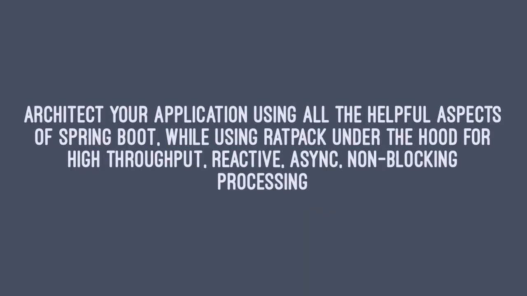Yeah. So as you continue, you already know Spring Boot, right? And there are so many things that you already like about it. You can continue to do that while using Ratpack under the hood for high throughput, right? So if you like Spring's configuration model, which I really do, I love Spring's configuration model.